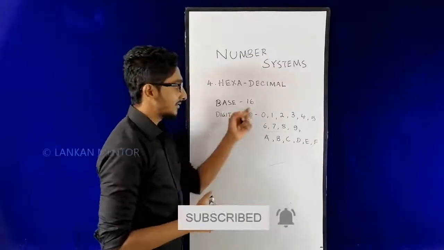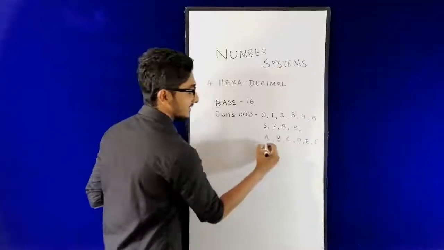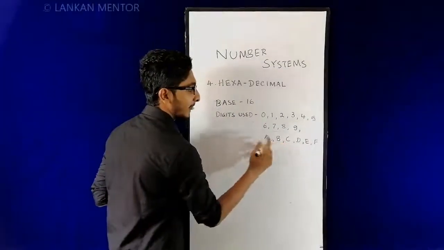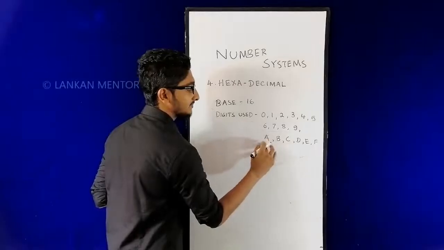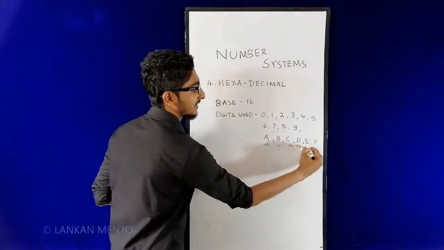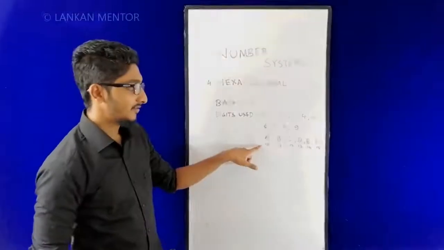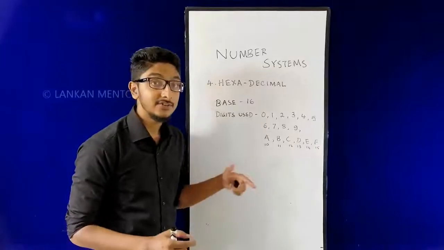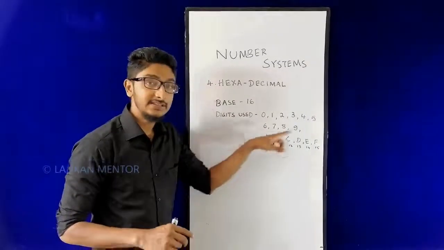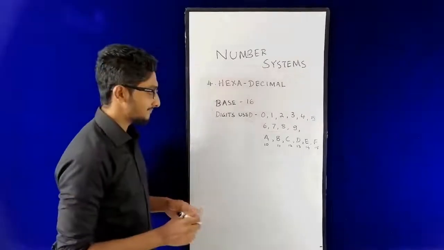That is the base 16, right? So A means 10, A is 10, B is 11, C is 12, D is 13, E 14, F 15. Don't write these numbers 10, 11, 12, don't write. A, B, C, D, E, just like that. Okay, right.